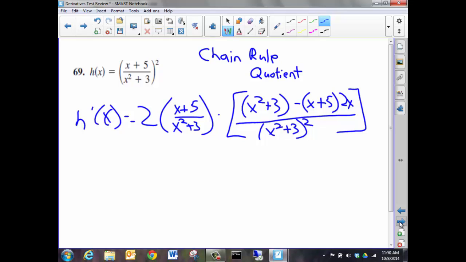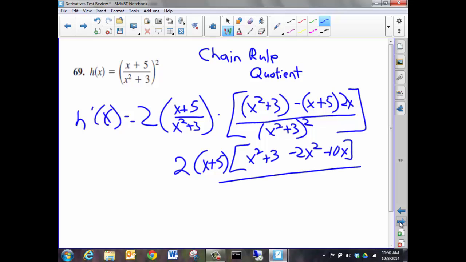So I wind up with 2 on the top, x plus 5 on the top, x squared plus 3 minus 2x squared minus 10x, all over x squared plus 3 cubed. That's kind of ugly. And then you could clean up that inside even more and make it negative x squared minus 10x plus 3, and that'd be as clean as you could get it there. But I think that's the easiest way to do that ugly, ugly stuff there.